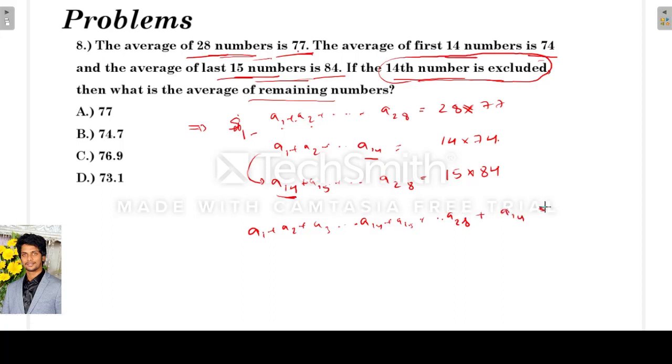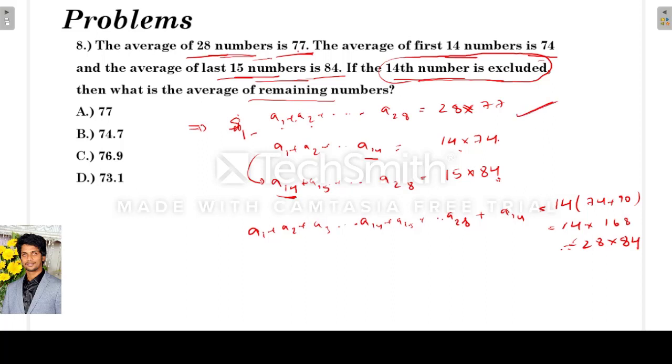So this is equal to, we can take 14 as common, right? 14 if you take common, 74 plus here 15 will be there. 15 times 6 are 90. So which is nothing but 14 into 168, or else 28 into 84. Just to simplify the calculation, I am writing like this.